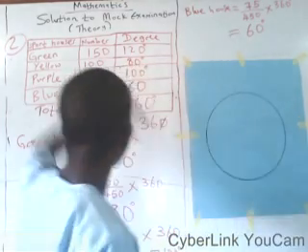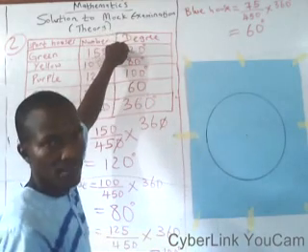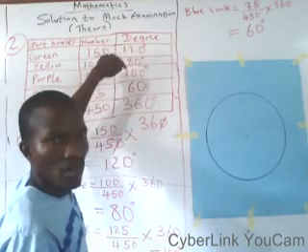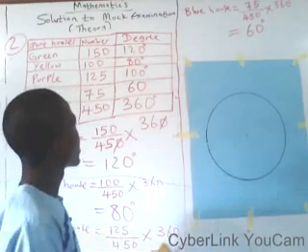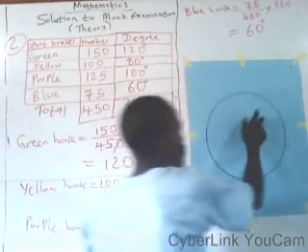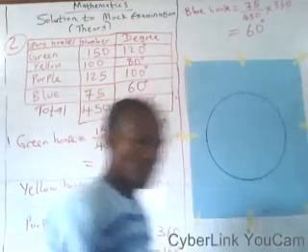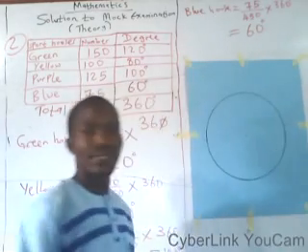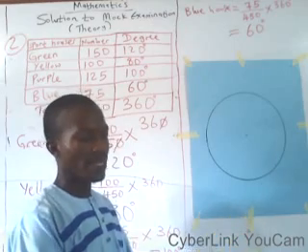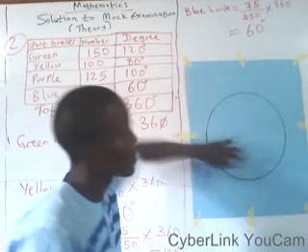Now, we want to locate 120 degrees, 80 degrees, 100 degrees, 60 degrees on this small circle. The first thing you are going to do is place your protractor. I've used my compass to draw a perfect circle.